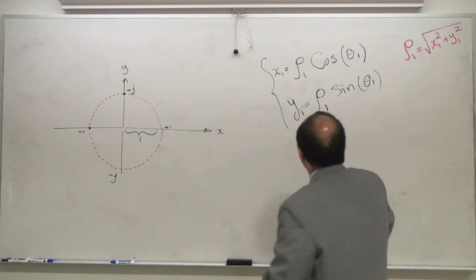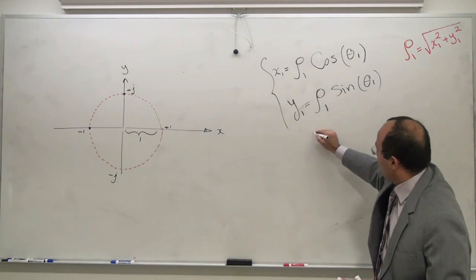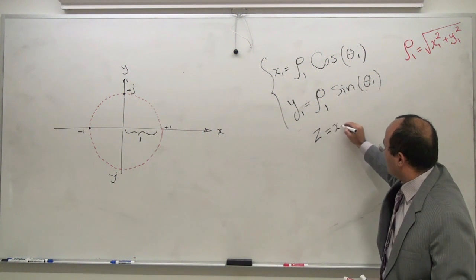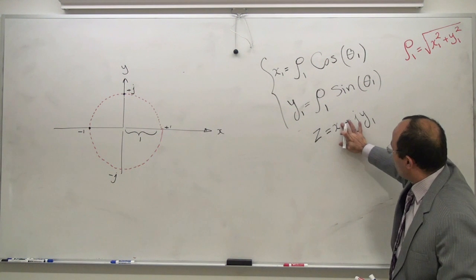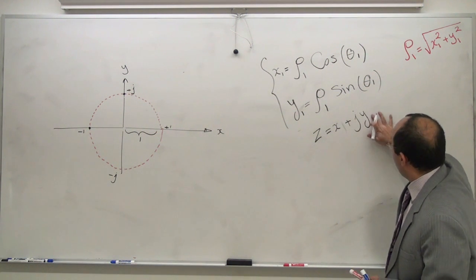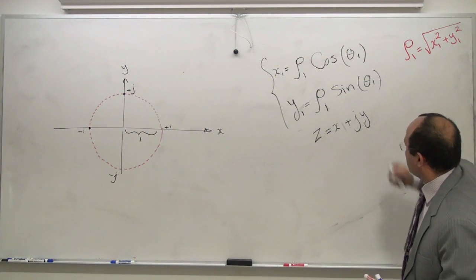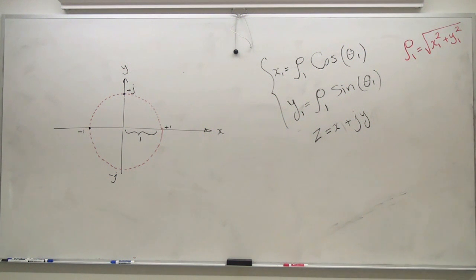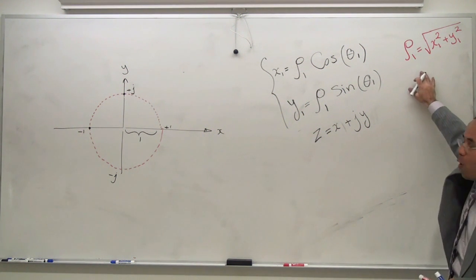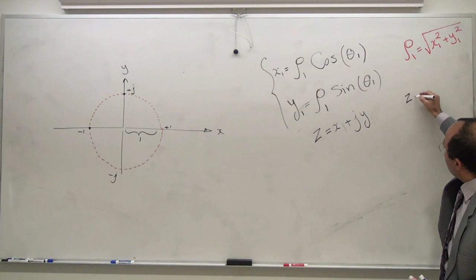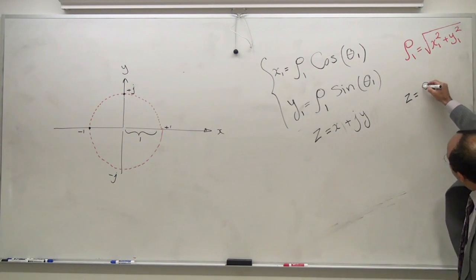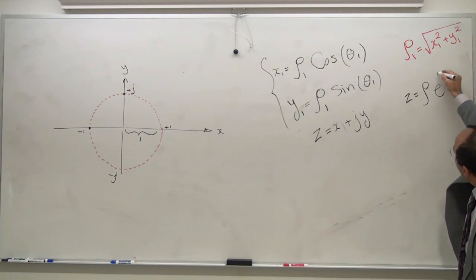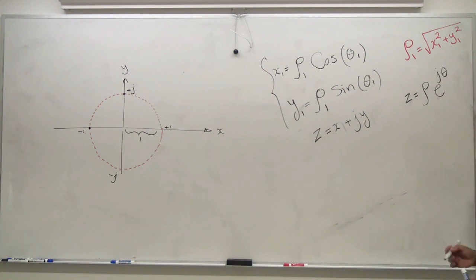If you remember, when I had this in Cartesian mode, I would say z is equal to x1 plus j y1. Allow me to ignore this index 1. I want to make it a lot simpler in that sense. Okay. When I have it in polar domain, z is also shown in a polar form. It's going to be rho e to the power of j theta.